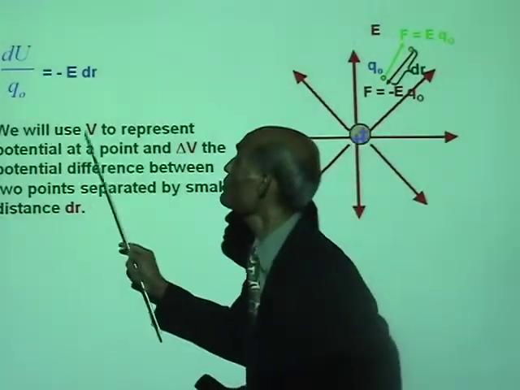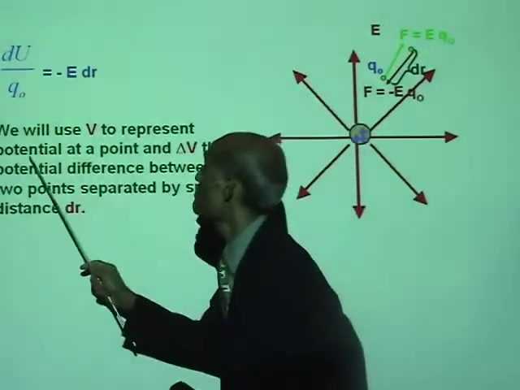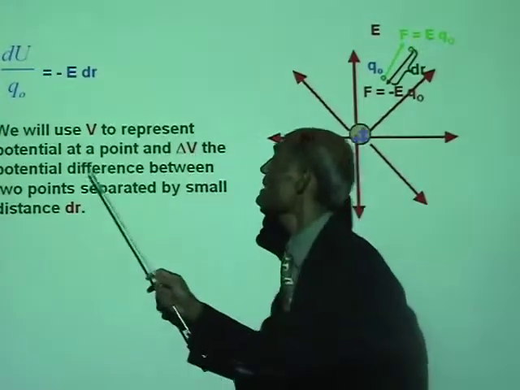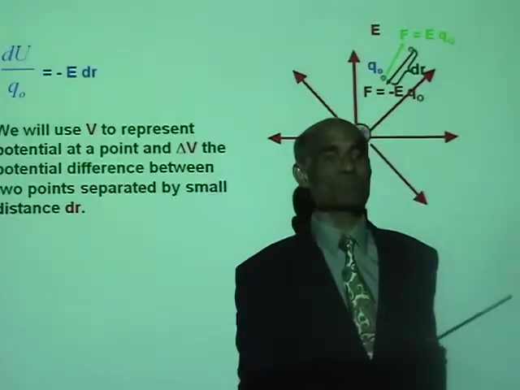Now we will use uppercase V to represent potential at a point and delta V to represent potential difference between 2 points.